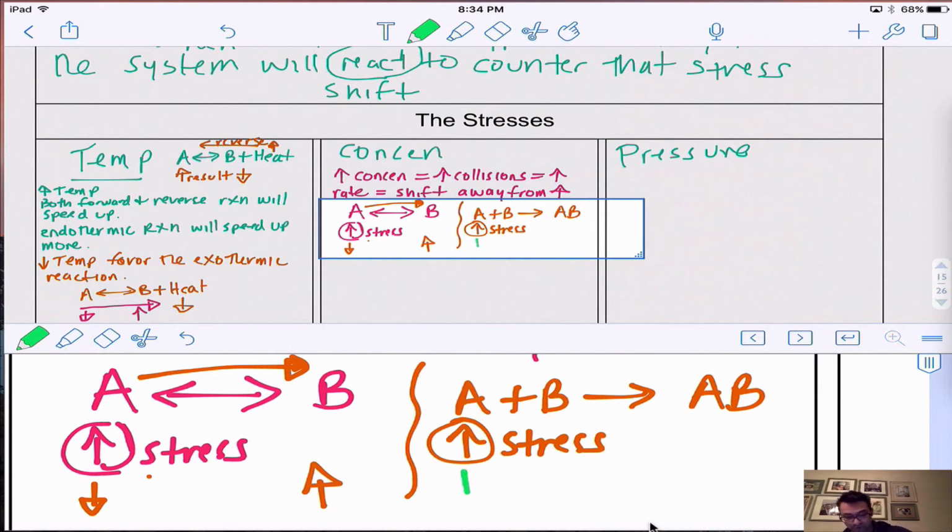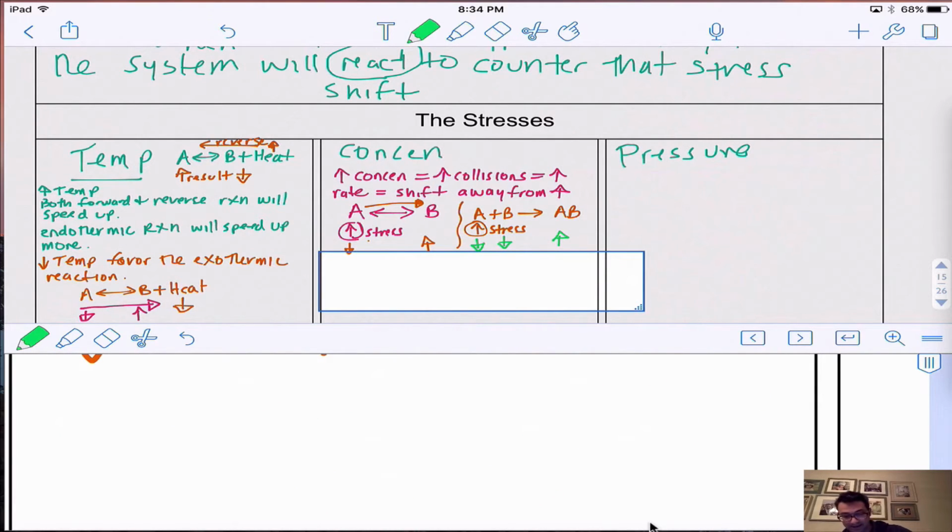That will cause both A and B to decrease as they get used up, and AB will be created. Again, if I increase the concentration, I'll shift away from that increase. In this case, I increase the amount of A, so I shift away from A and I make more AB.